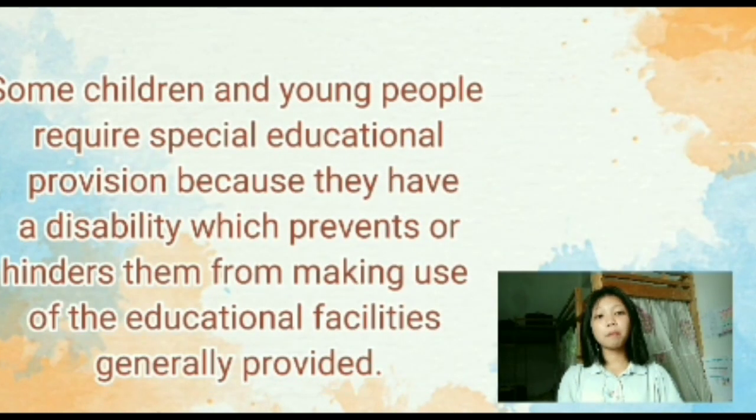Some children and young people require special educational provision because they have a disability which prevents or hinders them from making use of the educational facilities generally provided. This can be age-related and may fluctuate over time. Many children and young people with vision impairment or VI, hearing impairment or HI, or multisensory impairment or MSI will require specialist support and equipment to access their learning or habilitation support.